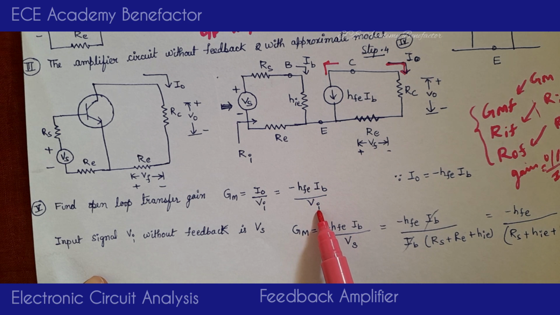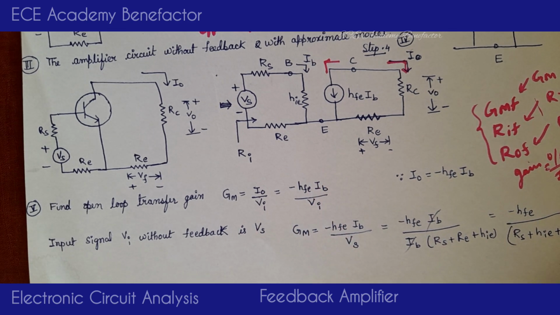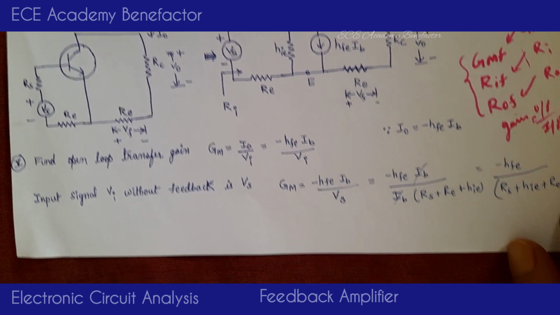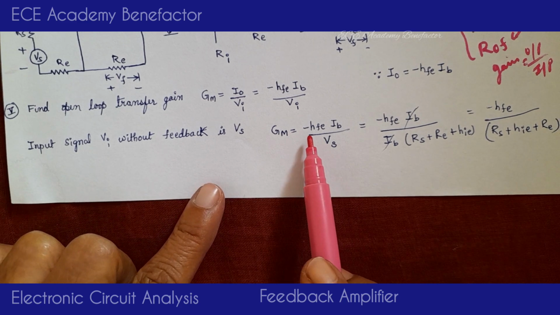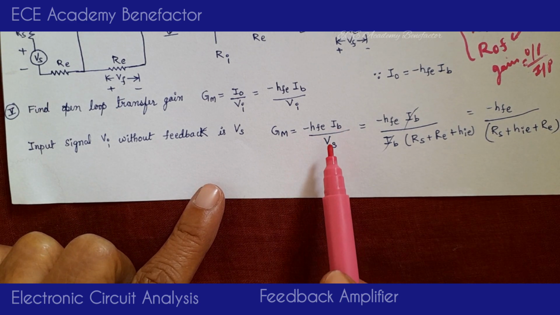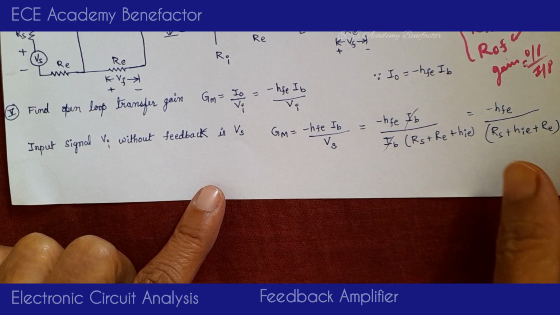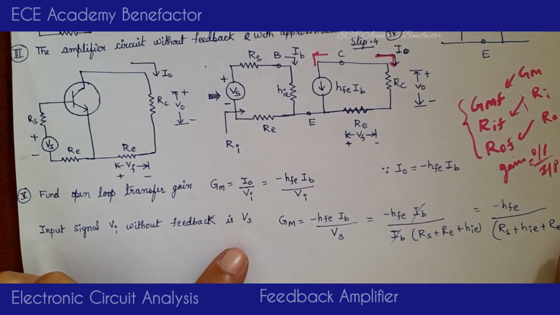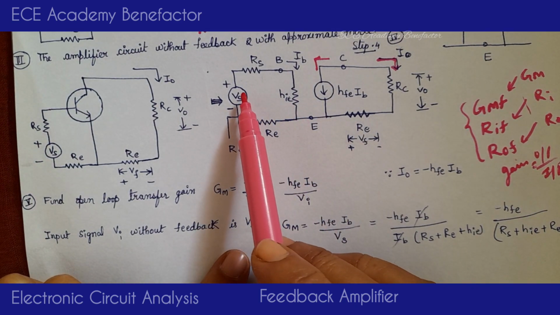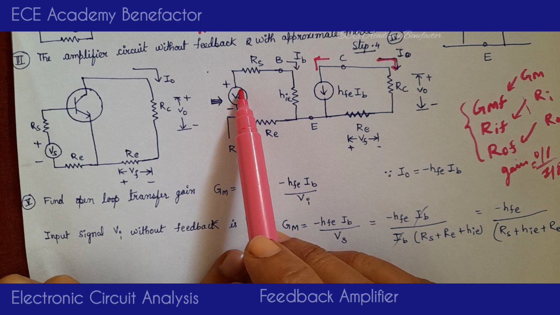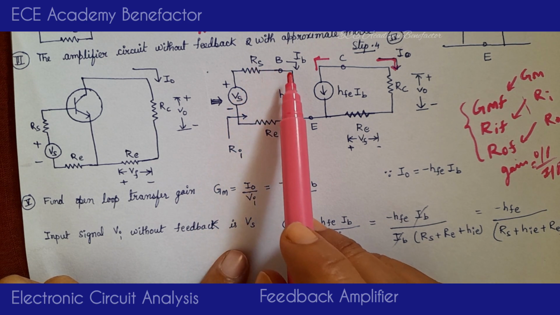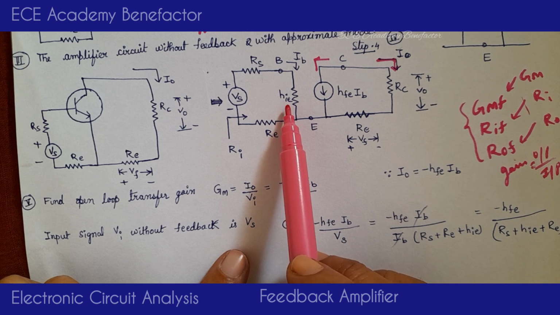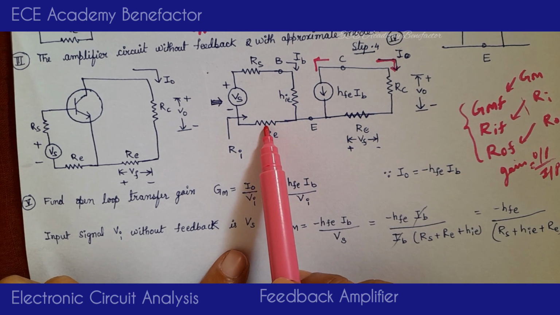So GM is minus HFE IB by Vi, and the input signal Vi without feedback is Vs. So we have minus HFE IB by Vs. And what is Vs equal to? If you refer to this diagram, Vs is equal to IB times Rs plus IB times HIE plus IB times Re.